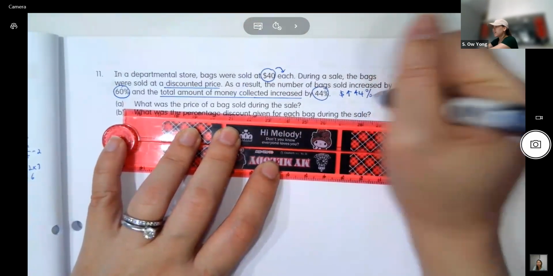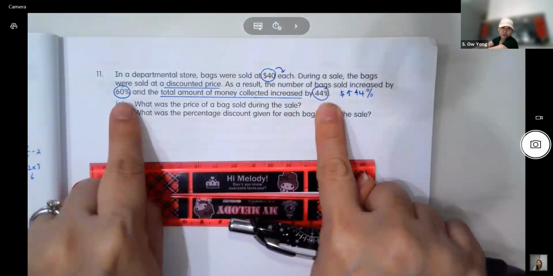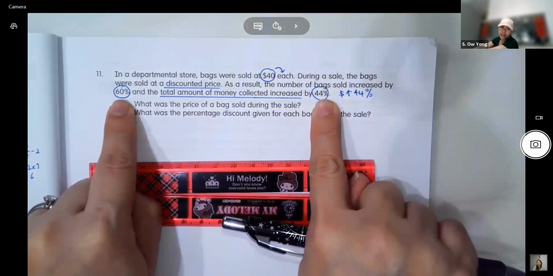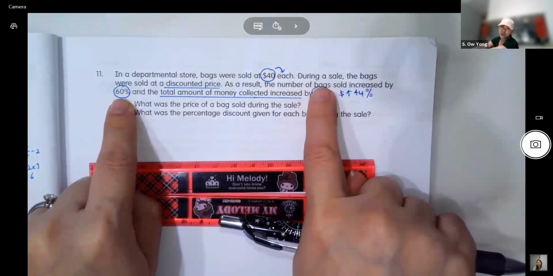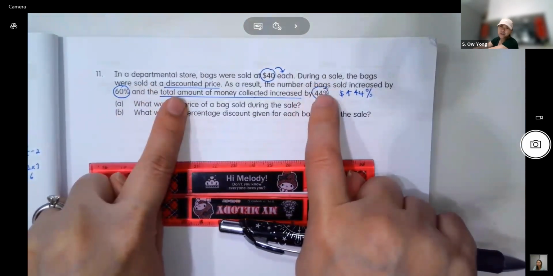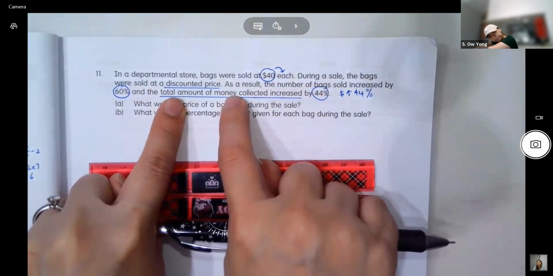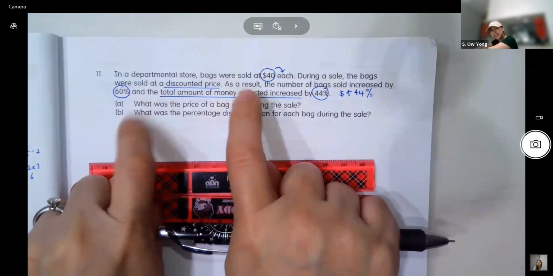Okay, so is there any link between this 60% and 44%? No, there's no link. This 60% is the number of bags sold, but this 44% comes from the total amount of money collected.